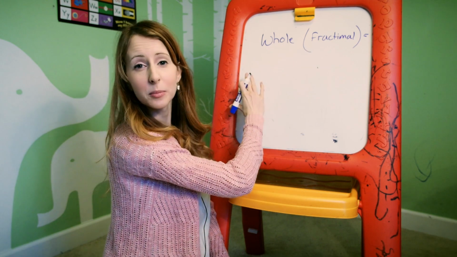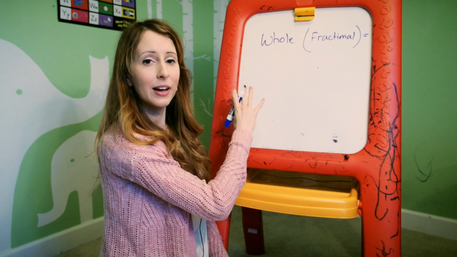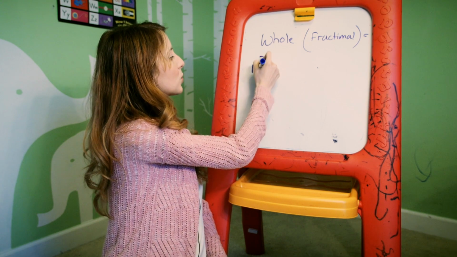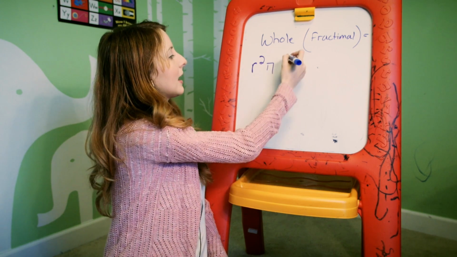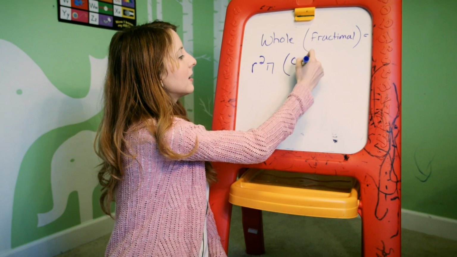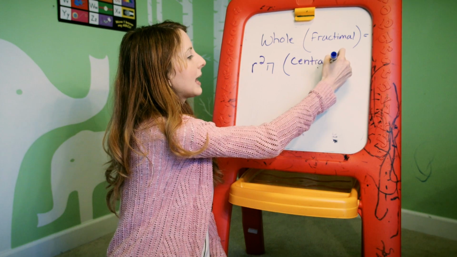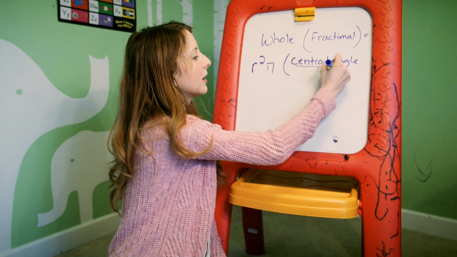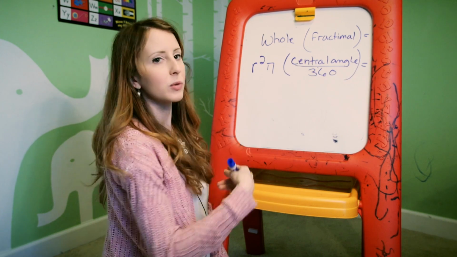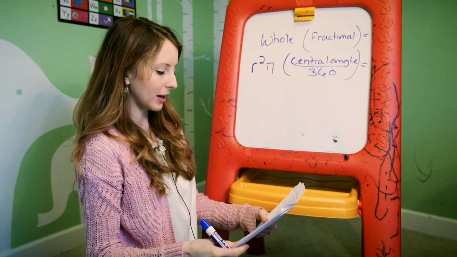To make that a little more specific, we know we can find the area of a whole entire circle by taking radius squared times pi. And then to be a little more specific about this part, we know we'll take the measure of that central angle and put it over 360. And that fraction will tell us kind of what piece of the pie we have.